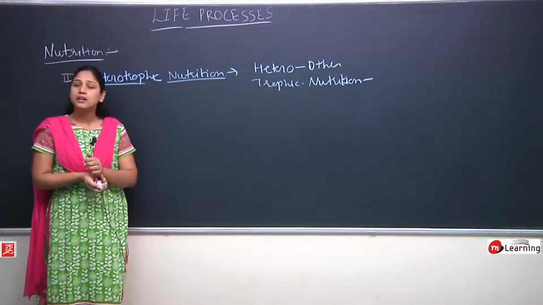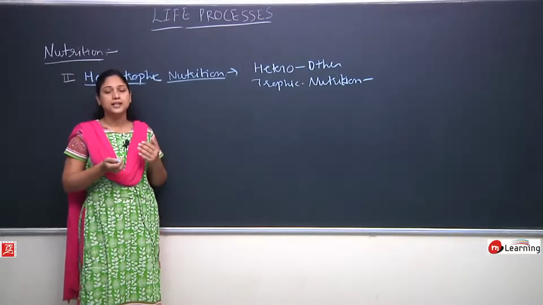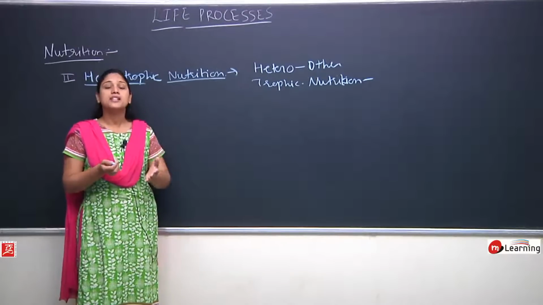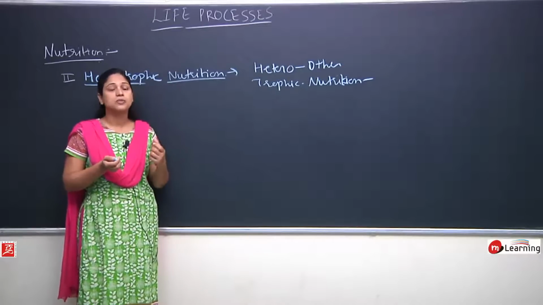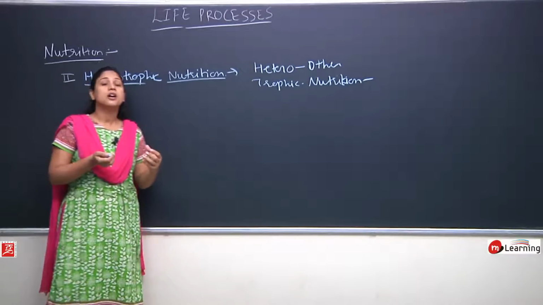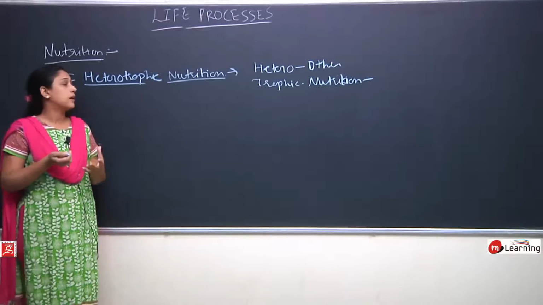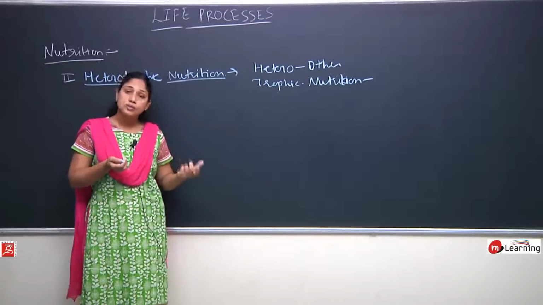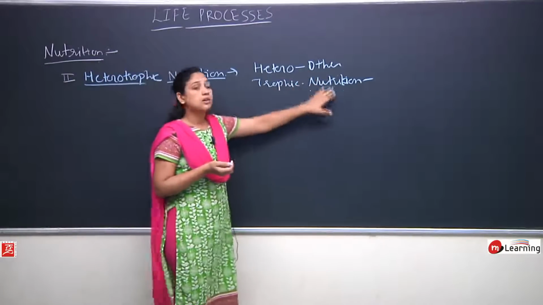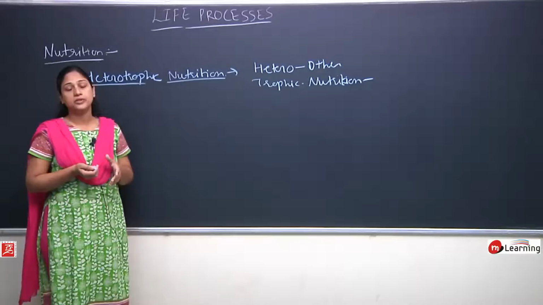We know that plants produce their own food, but all the other organisms are dependent on other organisms, on other sources of nutrition, for their nutritional needs. The organisms which are dependent on other sources of nutrition are called heterotrophs.